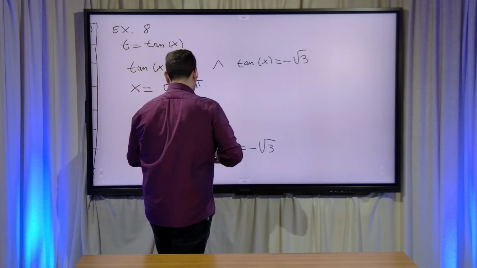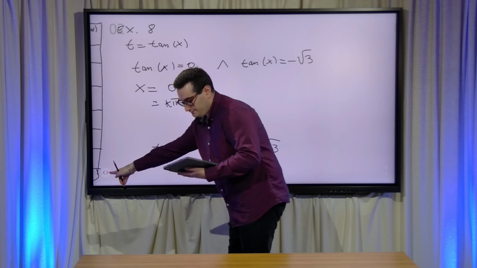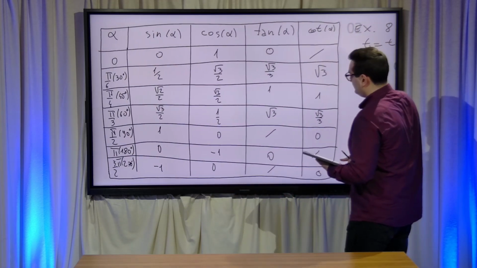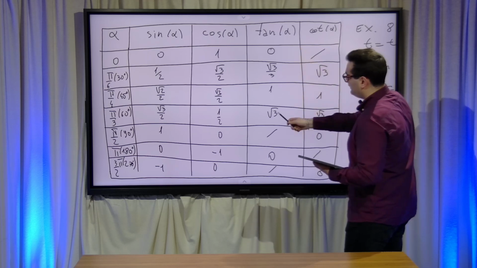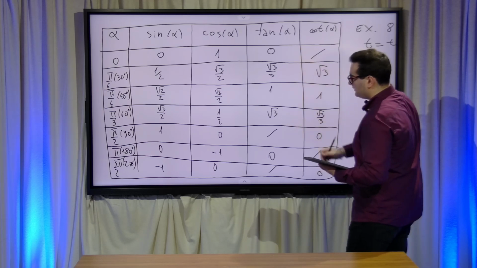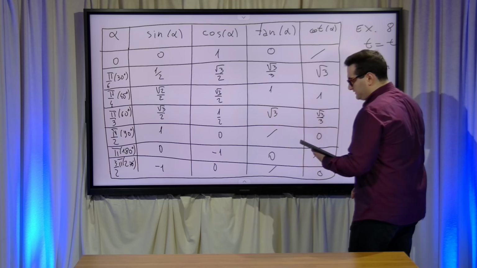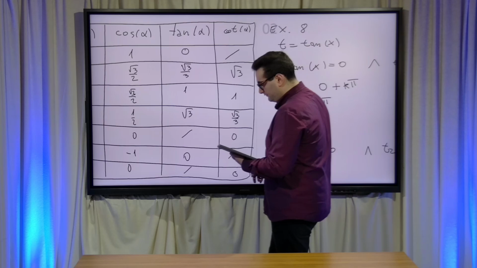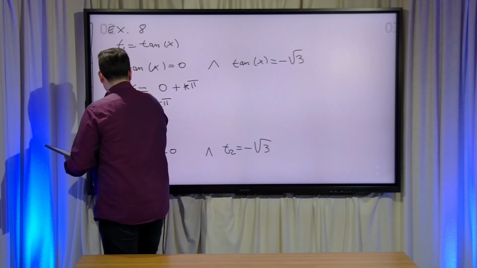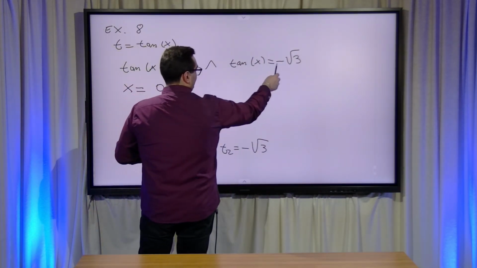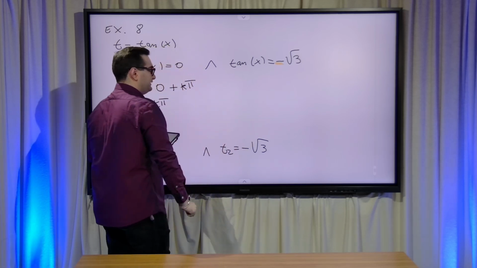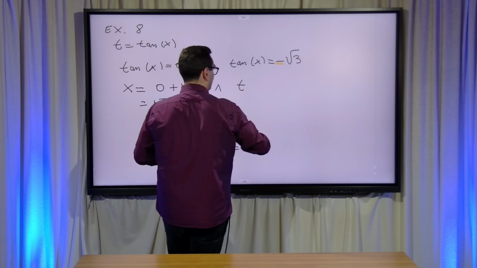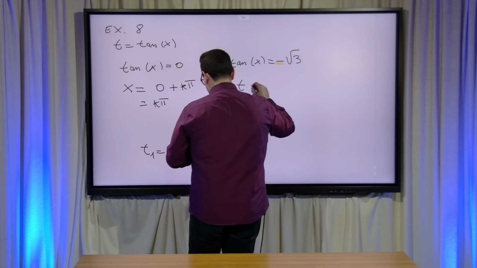Let's do the same for the second solution. Let's see that the tangent of alpha is equal to square root of 3 when the angle is equal to pi over 3, 60 degrees. But here I have a minus sign, so I have to consider the opposite angle.